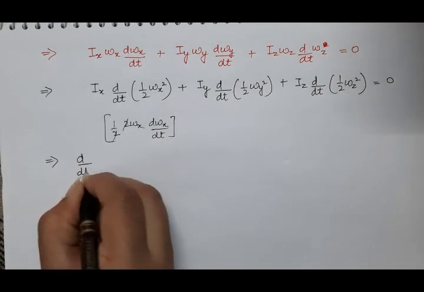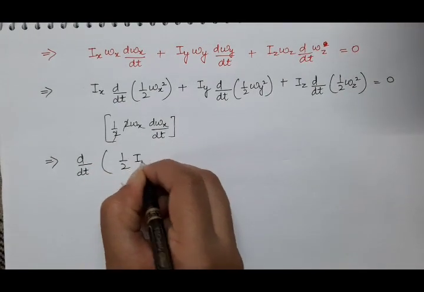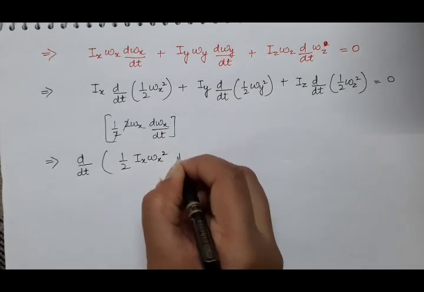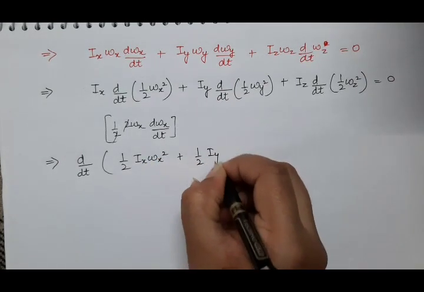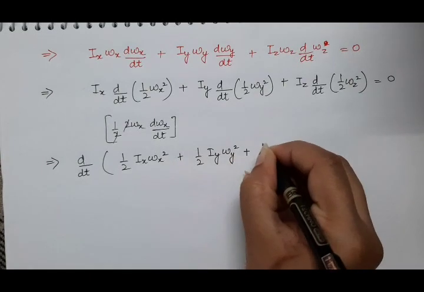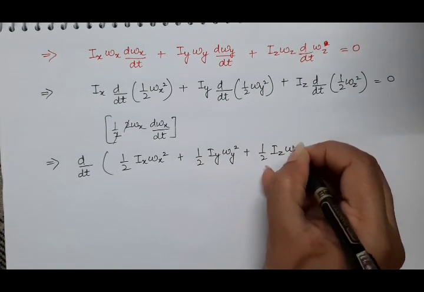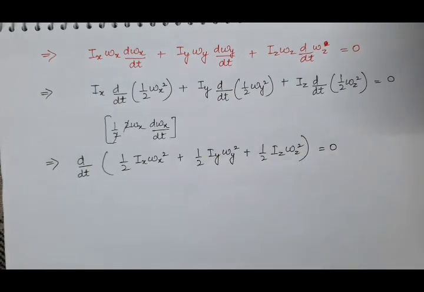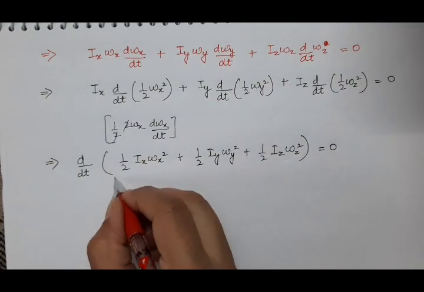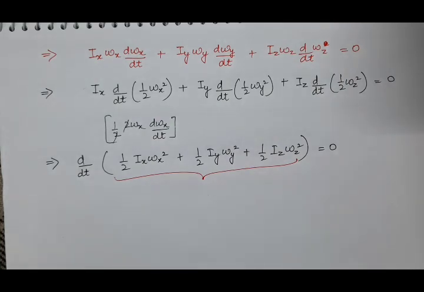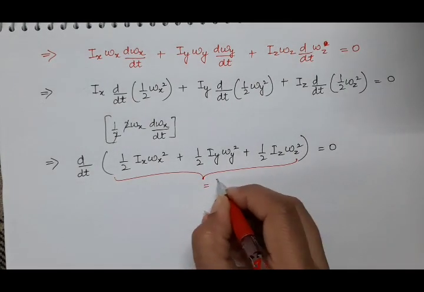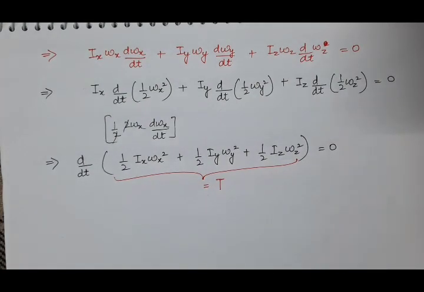So d by dt of half Ix omega x square plus half Iy omega y square plus half Iz omega z square is equal to 0. And this is the expression of total rotational kinetic energy of a rigid body about principal axis, which we have derived in our previous lecture. So this is equal to capital T, where capital T represents the total rotational kinetic energy of a rigid body about principal axis.